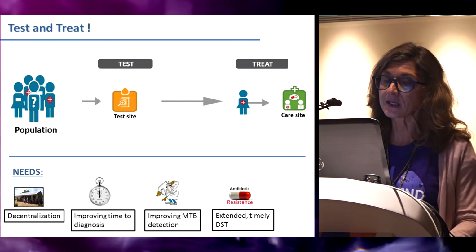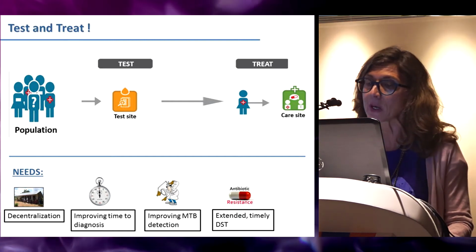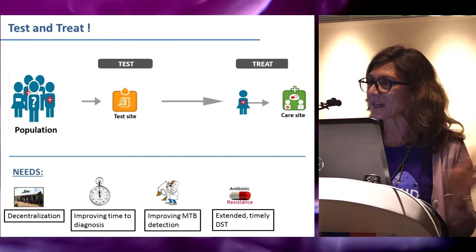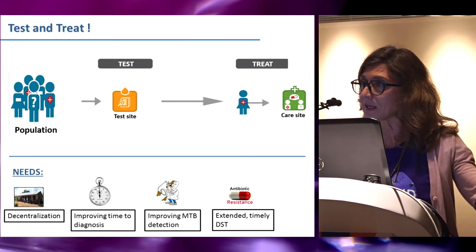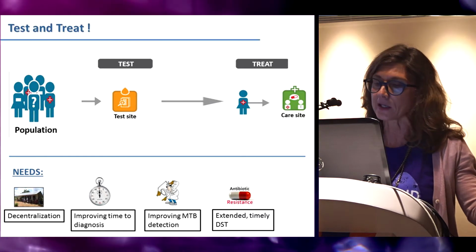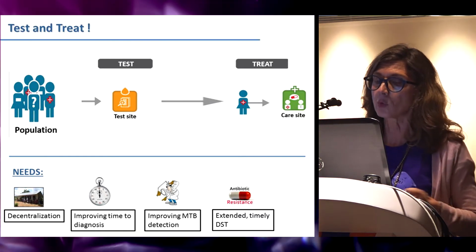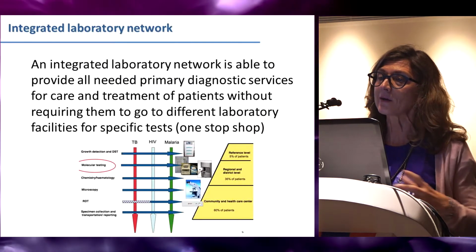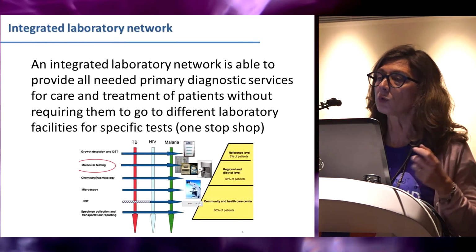How easy is this? Well, it's not easy because we want to get to the people, so we need to move the testing, at least the first level testing, to be completely decentralized in order to improve the time to diagnosis and start treating.